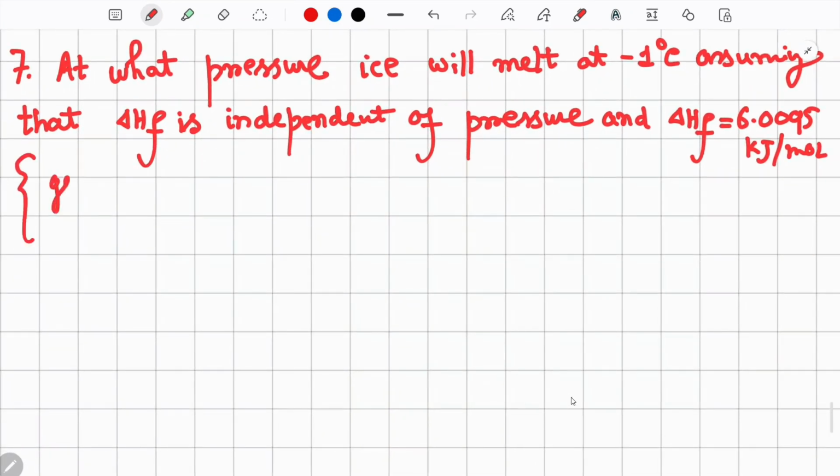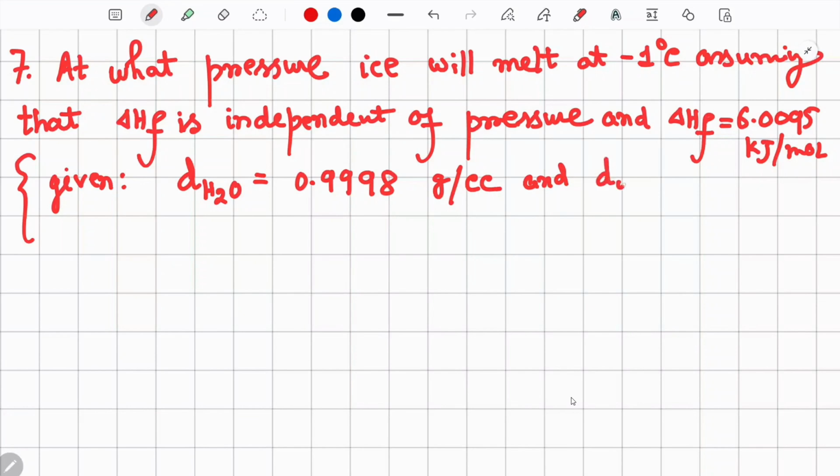What are given? Latent heat of ice, you want to try?